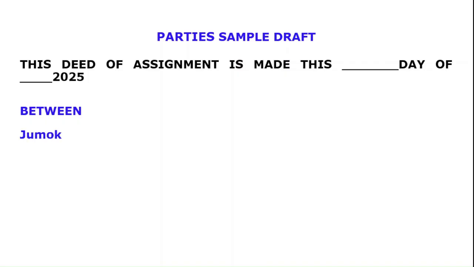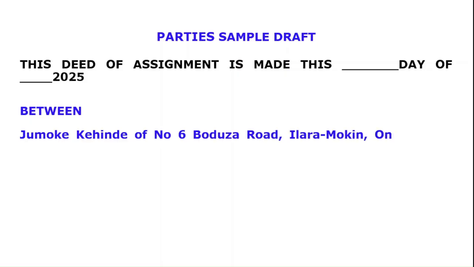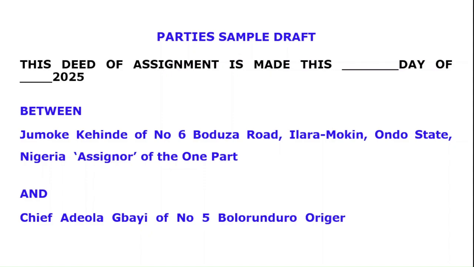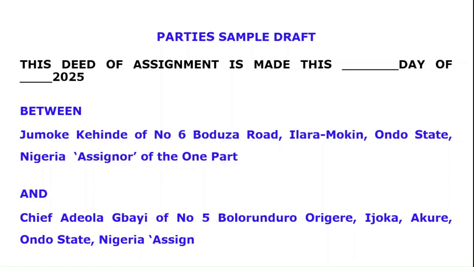Now it says Jumoke Kende of number 6 Bulldozer Road, Ilara Mokin, Ondo State, Nigeria, as assignor of the one part, and Chief Adeolagbai of number 5 Bolorunduro, Oke Ijoka, Akure, Ondo State, Nigeria, as assignee of the other part.